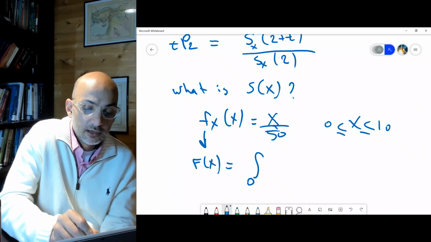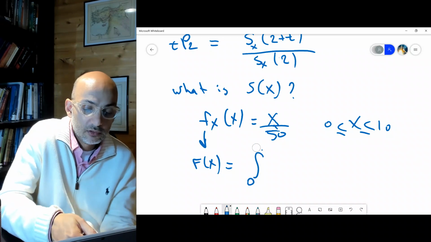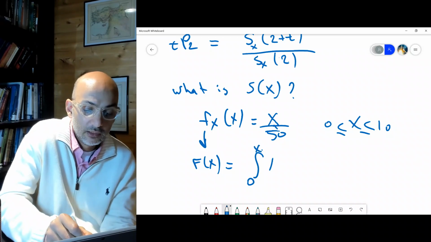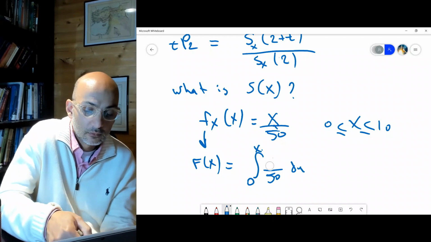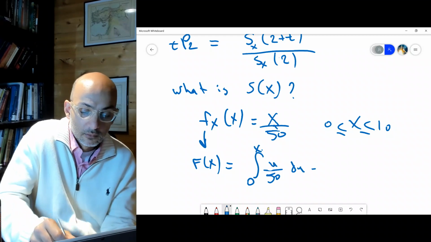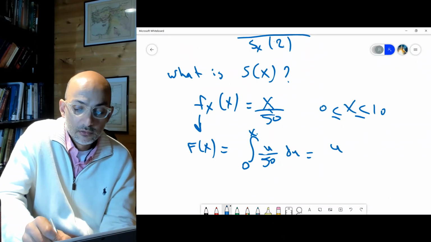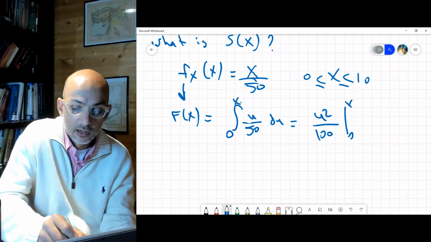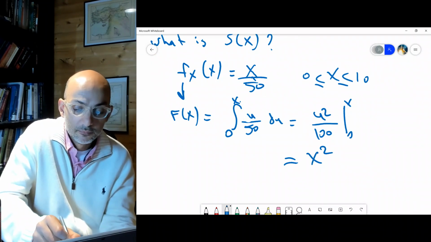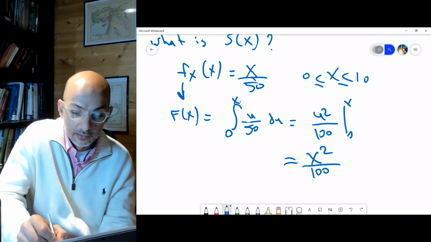We integrate from 0 to x of u over 50 du, right? And if we integrate this, u squared over 100 from 0 to x, the answer will be x squared over 100, for x between 0 and 10.